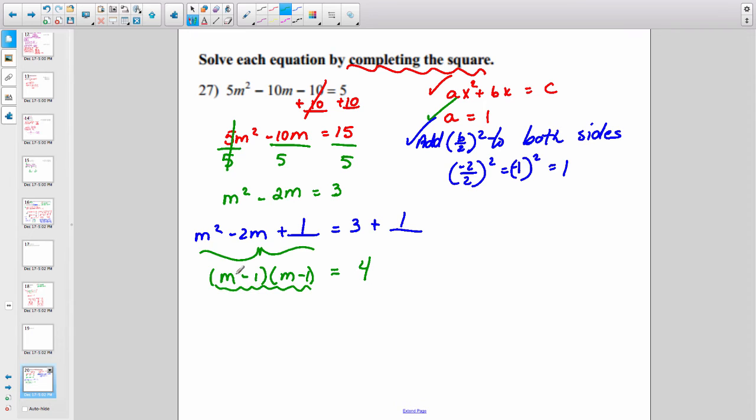We're completing a square. This is what we were asked to do. So instead of writing two binomials, the magic that you just did by adding b over 2 squared to both sides was that it allowed you to do this. You write this squared and set it equal to 4.